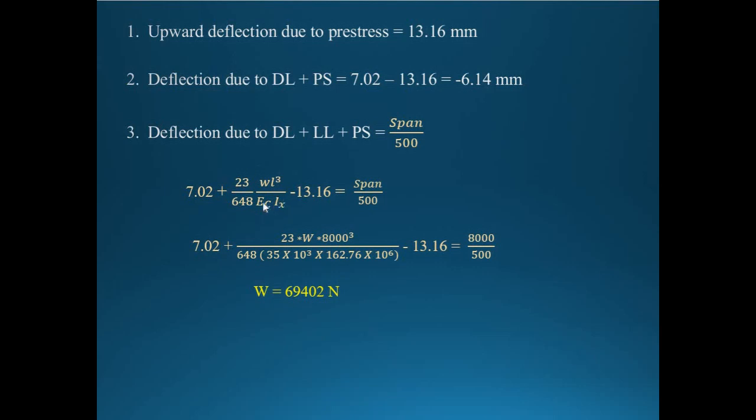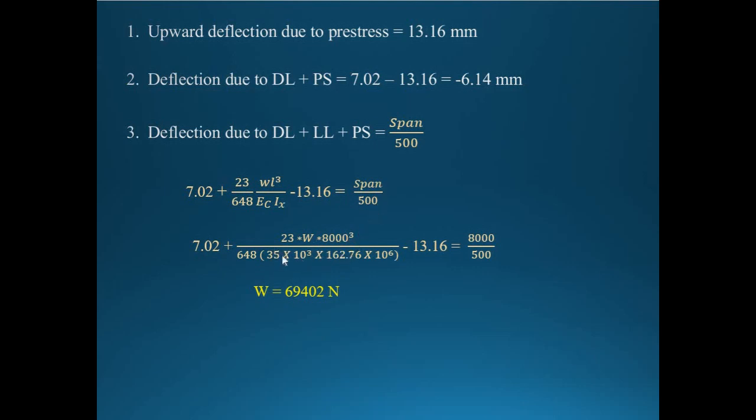They have asked a question where two concentrated point loads are present. For that, this is the formula for a simply supported beam carrying two concentrated point loads. Write down that, minus pre-stress value, which has come in negative, so minus 13.16 equal to span by 500.